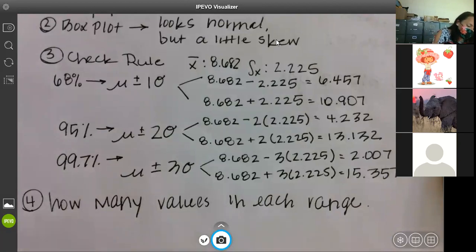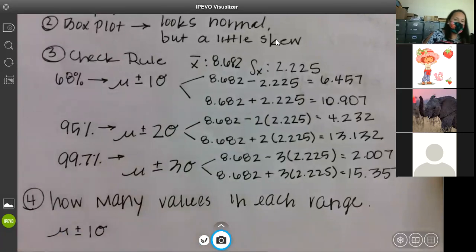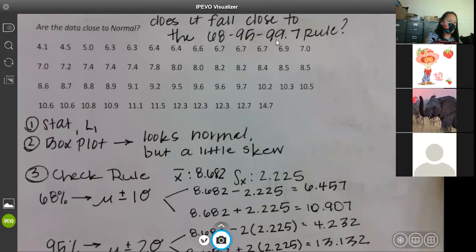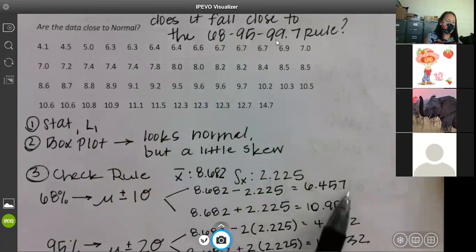All right, so your first range was mean plus or minus 1 standard deviation. What are the values in your chart that are between 6.457 and 10.907?